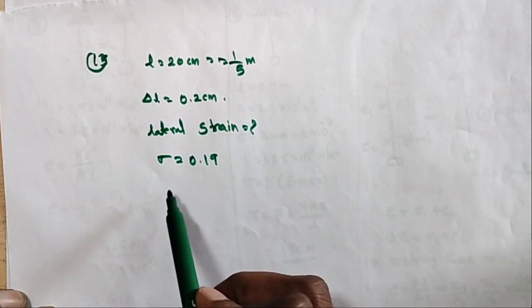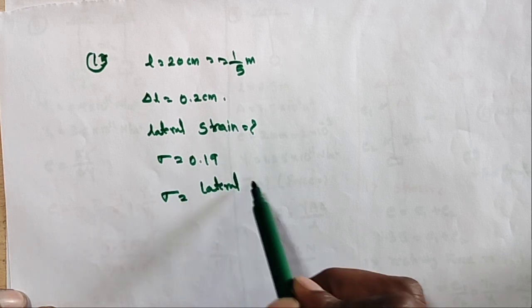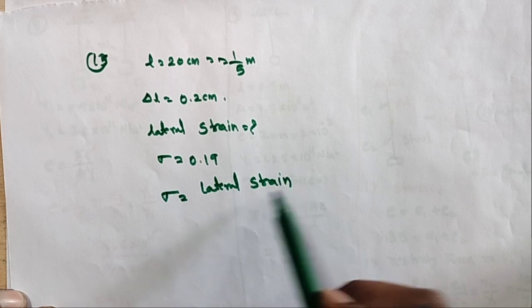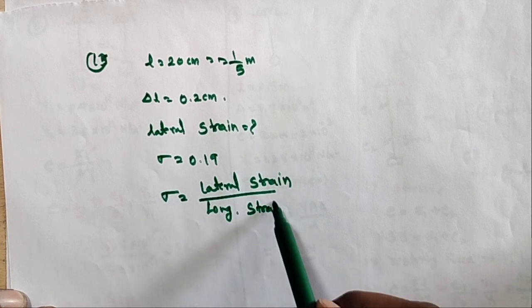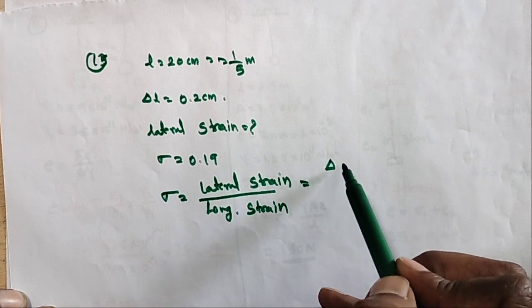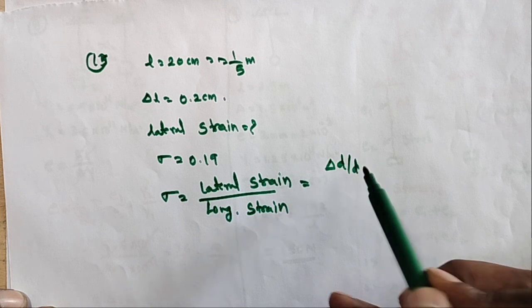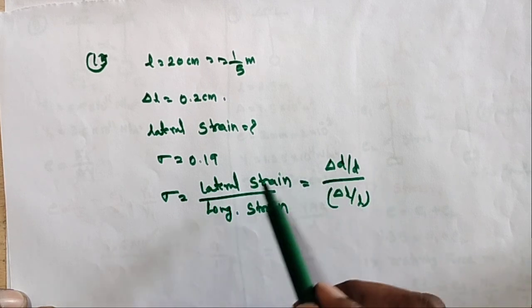We know that what is the Poisson ratio? Sigma is equal to lateral strain by longitudinal strain. We know that very well. So what is the lateral strain? I am taking delta d by d over delta L by L. I want the lateral strain.